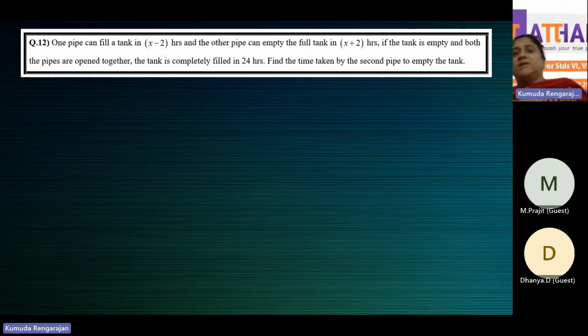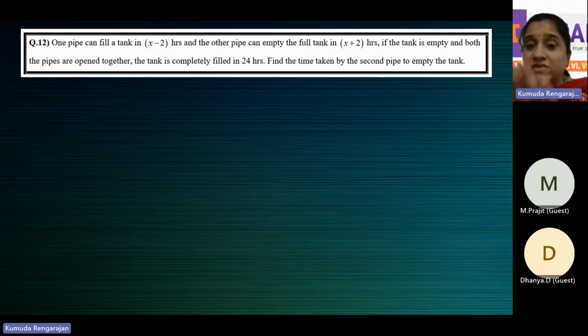These are independent; the pipes are not working together. The filling pipe does it in x minus 2 hours, but the emptying pipe is closed. You understand? When the filling pipe works alone, it can fill the empty tank in x minus 2 hours.